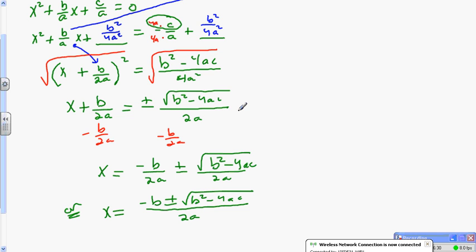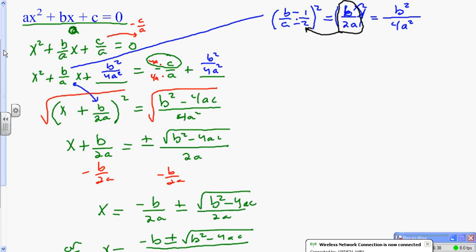What do I look for when it's your turn to do this? I look for this part. Can you complete the square? If I go in order, I look for you dividing by a.